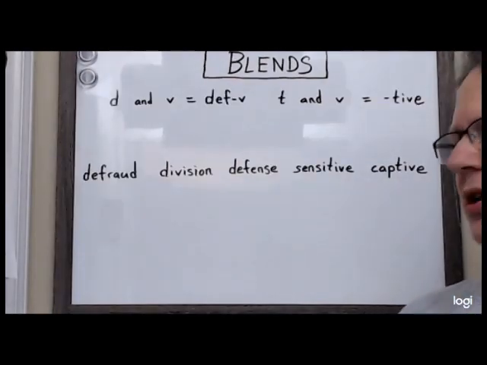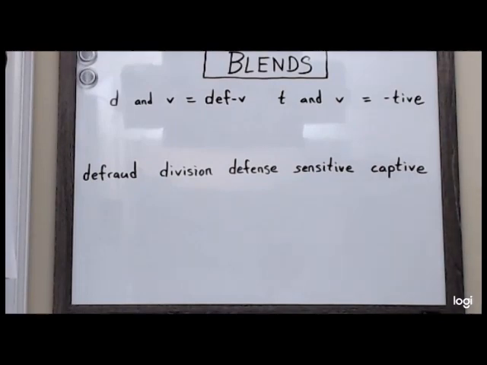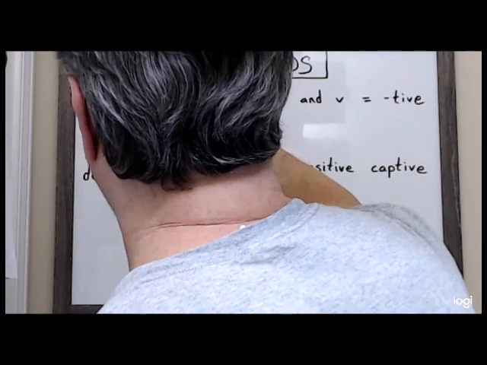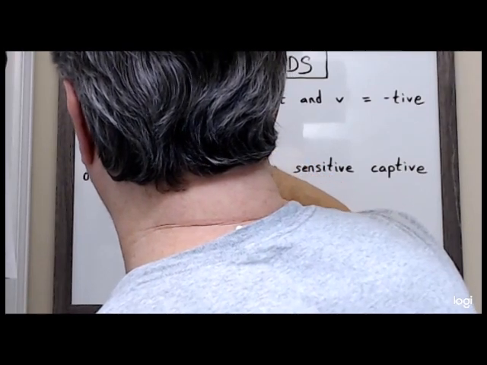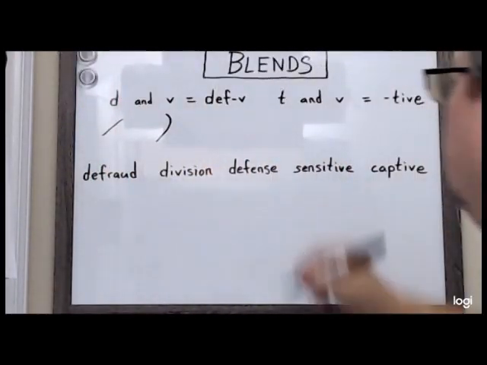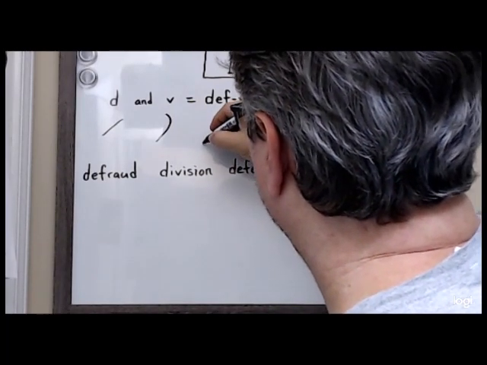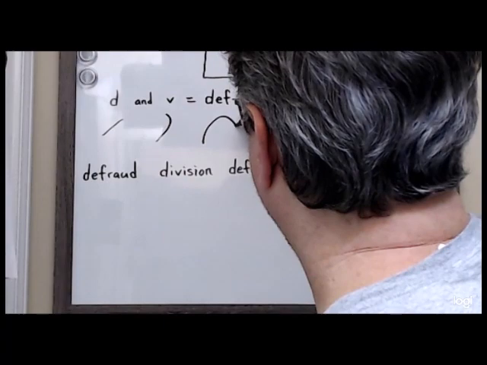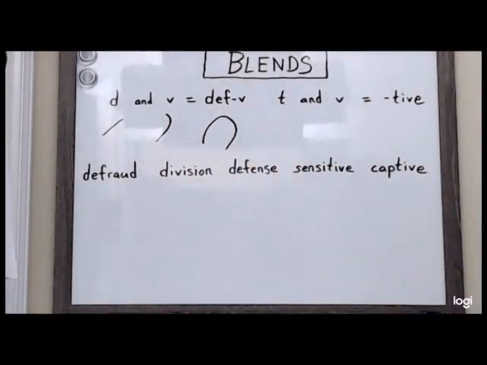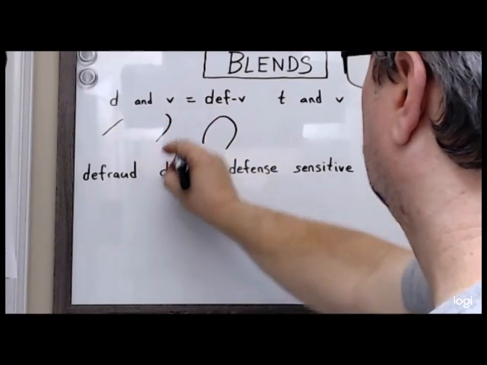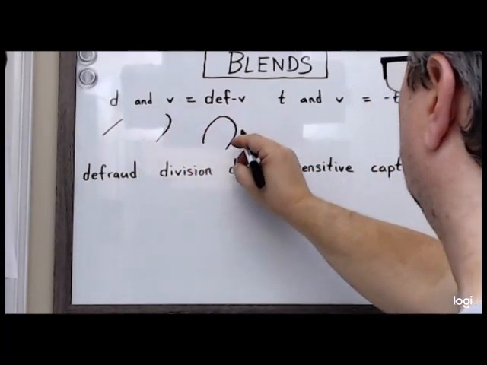The next set of blends will be the D and the V, which become the DEF or DEV sound, will be written like this. Notice how the D will blend into the V and have this roundness.